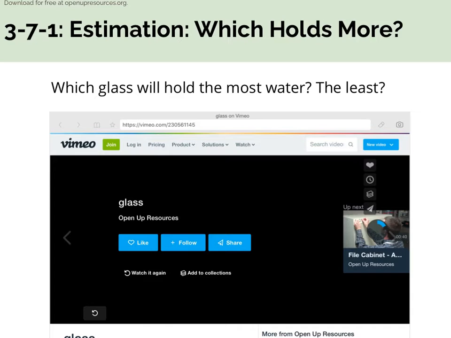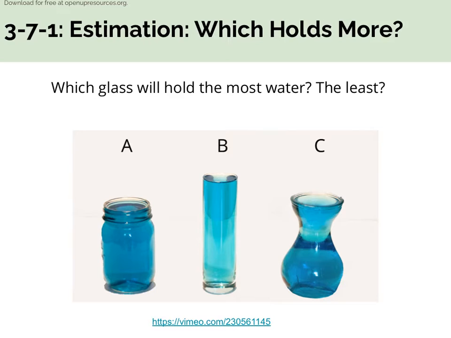So as you can see, the graph A, so the cylinder A is the one that holds the most water.